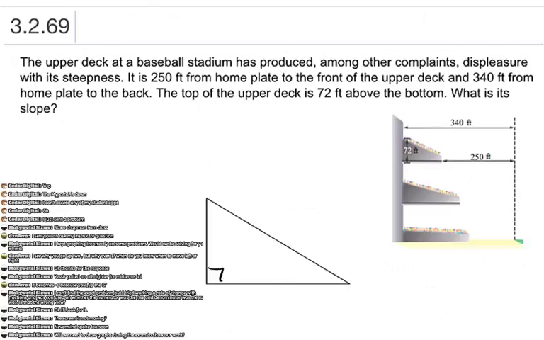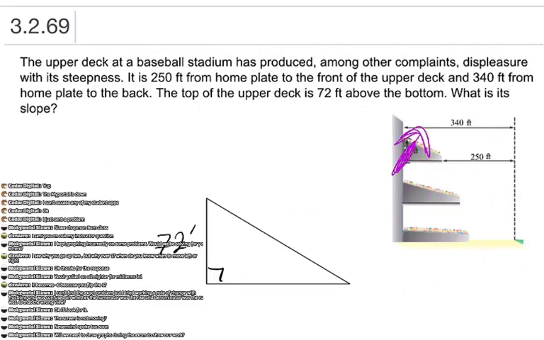So if it says that this is 72 feet, right? Now we know, we're looking at our image. So now we see that from home plate to the front is 250, and then from home plate to the back is 340. So can we possibly find this side down here?